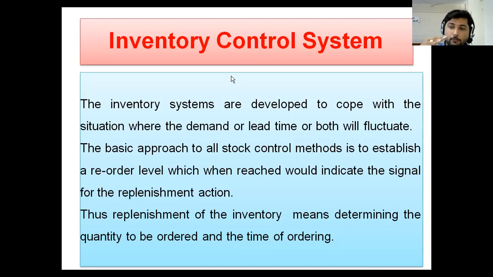Before the stock level reaches the safety stock, we will get the order. We place the order when the stock level reaches the ROL level.